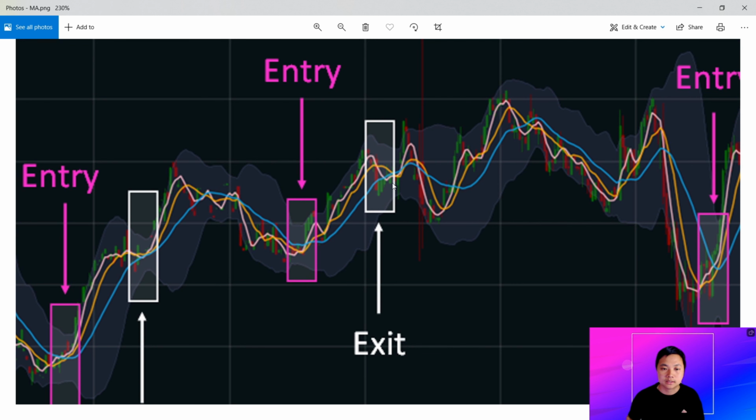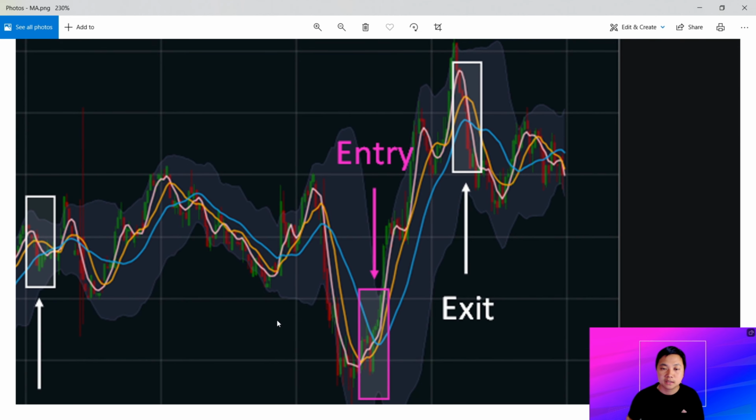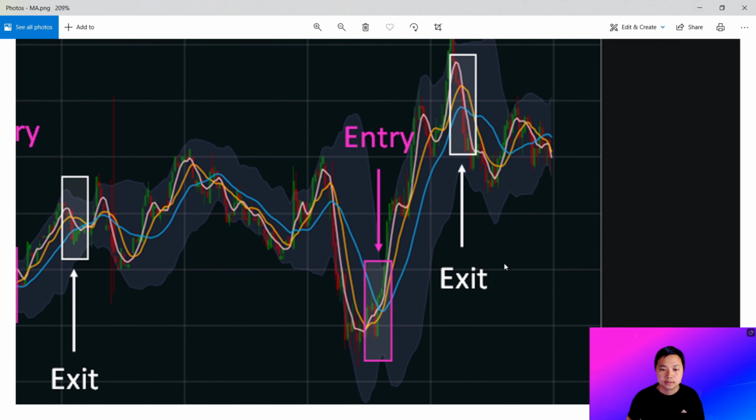And here is the exit point, because the fastest moving average line is crossing under these two moving averages. And the final example is over here, where the fast moving average line, the pink line, moves over the two slower moving average lines, and that will trigger the entry.